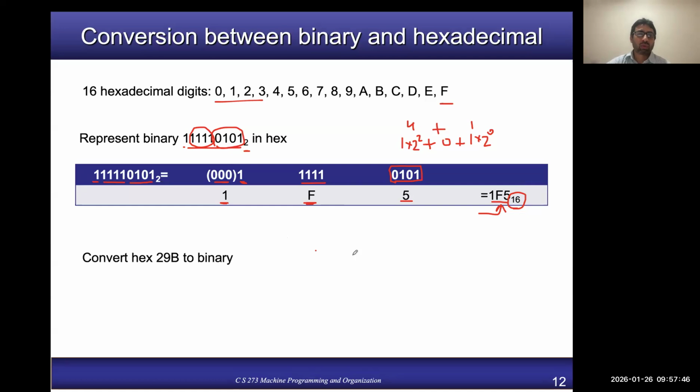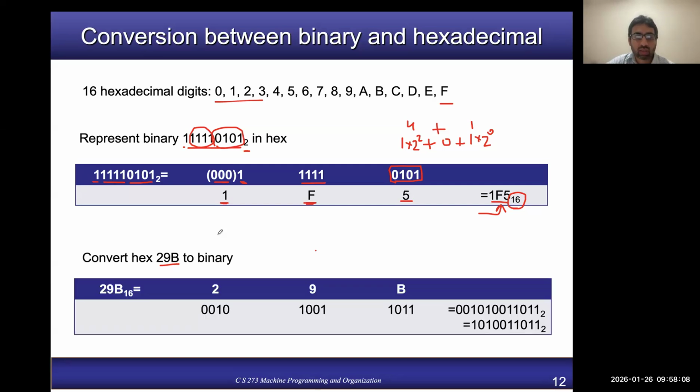Now let's do the reverse conversion, which is converting a hexadecimal number to binary form. The hexadecimal number that we want to convert is 29B. For that, it is straightforward. You know it, right? Using the increasing power of the base, and the base is 16.